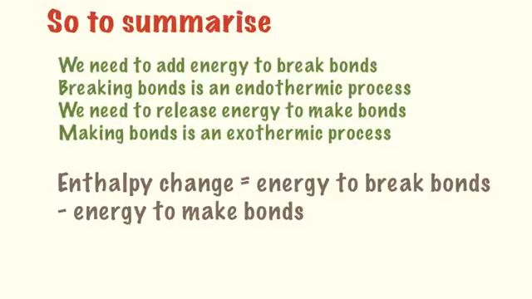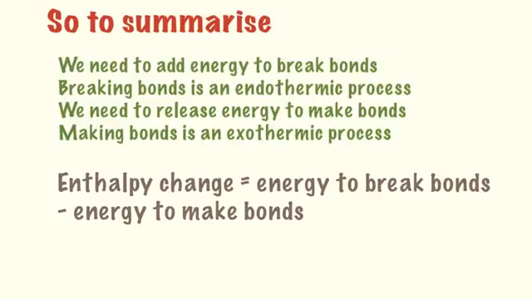One of the things we need to know how to do for exams is to use bond energies to work out how much energy changes there are in a chemical reaction. So let's look at what we should know. We need to add energy to break bonds, and breaking bonds is an endothermic process. Endothermic means energy is put in.